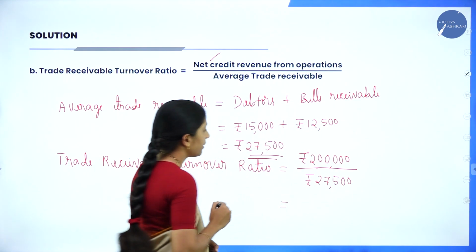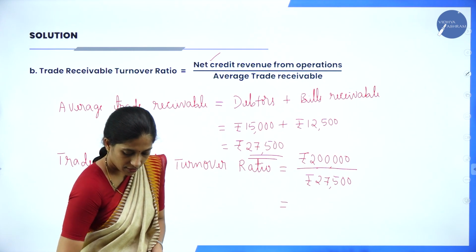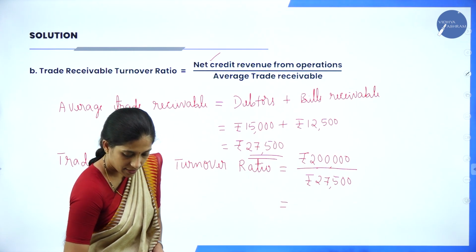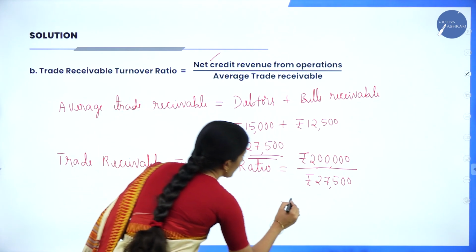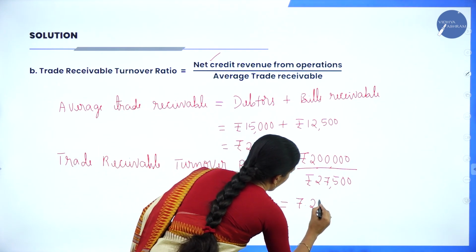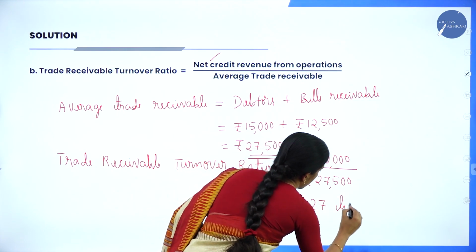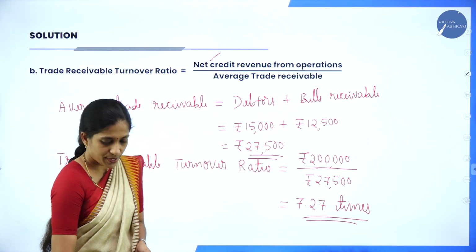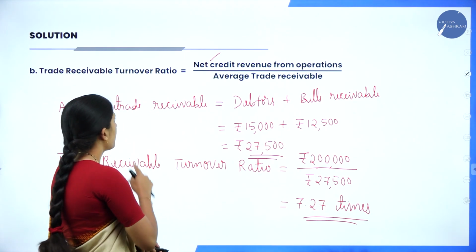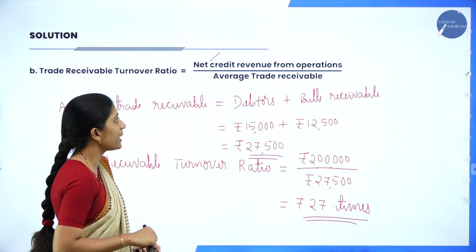So you'll get 7.27 times. Hope you are clear about it. That is trade receivable turnover ratio.